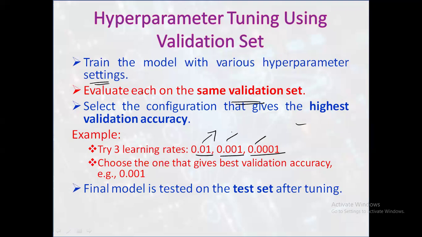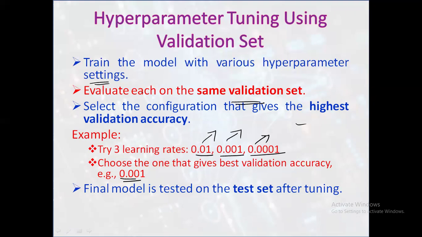So here three models we are going to take, each will be separately trained. Choose the one that gives the best validation accuracy. We are going to choose 0.001. If 0.001 performs best on validation, that configuration is selected.